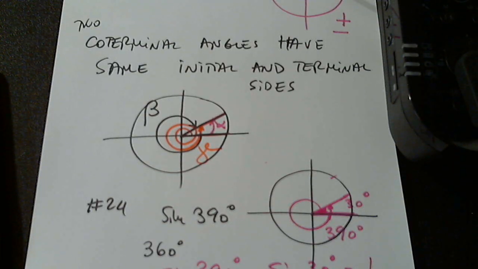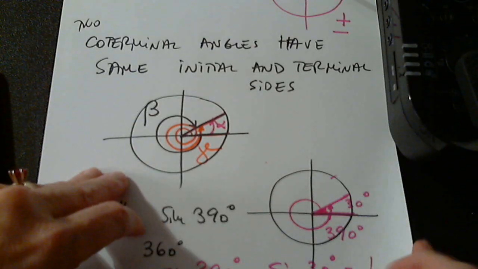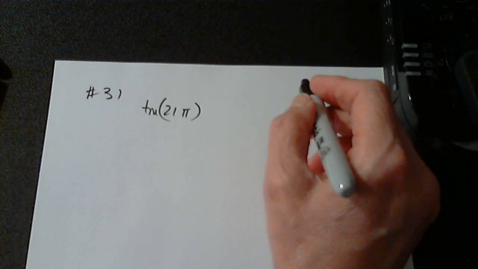Let's choose another. Let's look at tangent, number 31. That caught my eye. Okay, number 31. Tangent 21 pi. Which page am I on? 12.